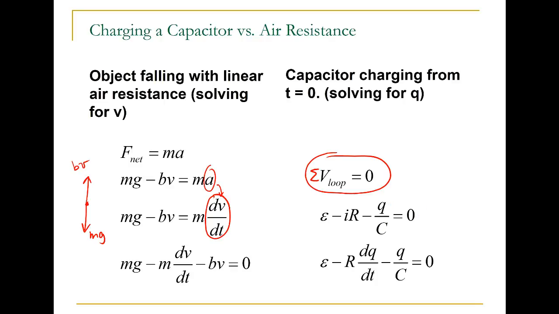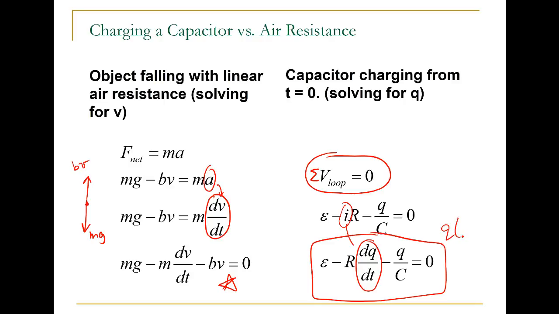And as we did a moment ago, we rewrote the current as dq dt. We're not going to take the time to rederive the air resistance equation because that was done in a previous lecture, but we are going to solve this for Q of t.